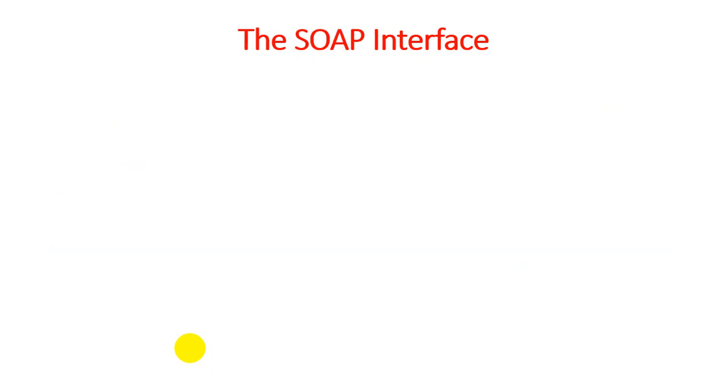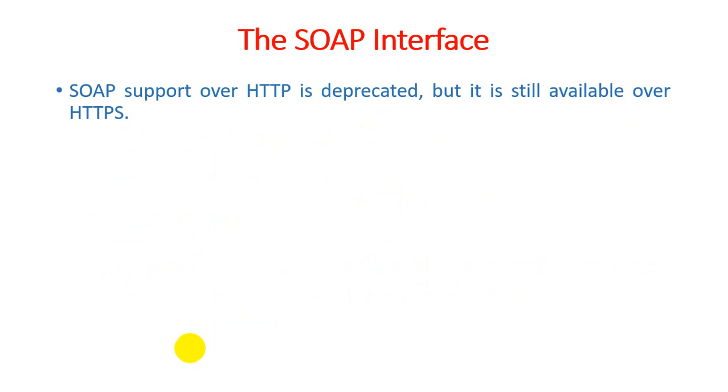What is the SOAP interface? SOAP supports HTTP, which is deprecated, but it is still available over HTTPS. So SOAP over HTTP is deprecated, meaning they have some standard security structures which help to access HTTP data with the help of HTTPS.